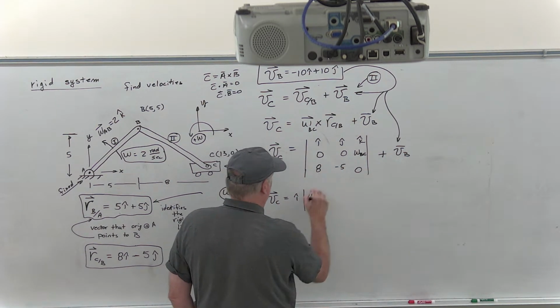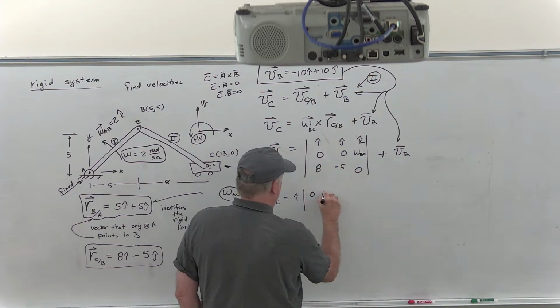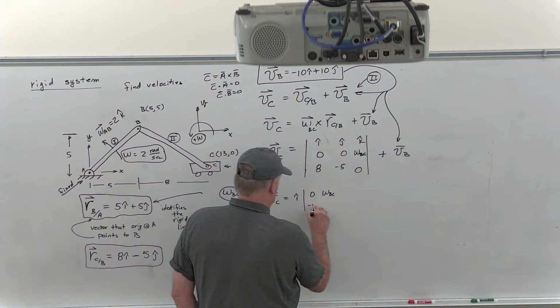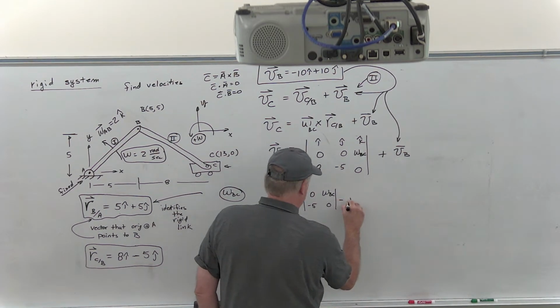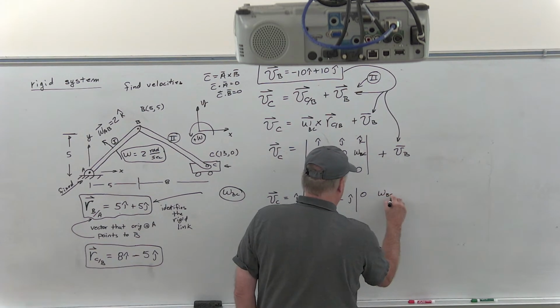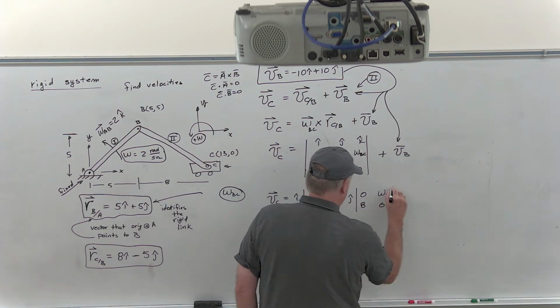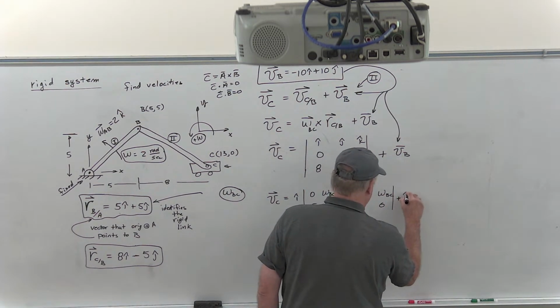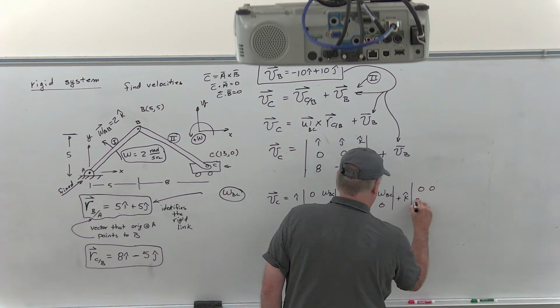So if we look at it and break it down, I get this minus J, and then I get this, and I'll go ahead and put the K, but the K renders us with nothing.